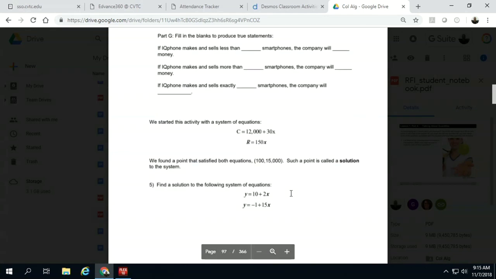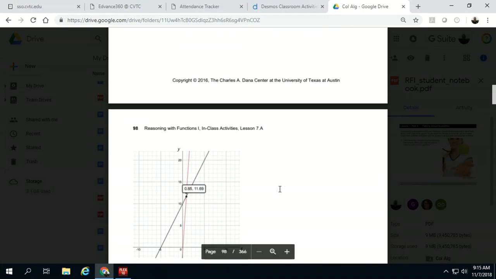Okay. We found a point that satisfied both equations. That is the solution to the equation. They say, let's take that next puppy and graph it, which you see there.